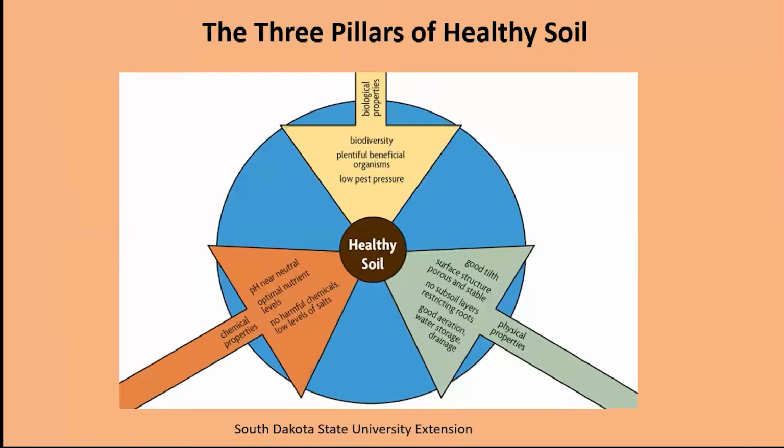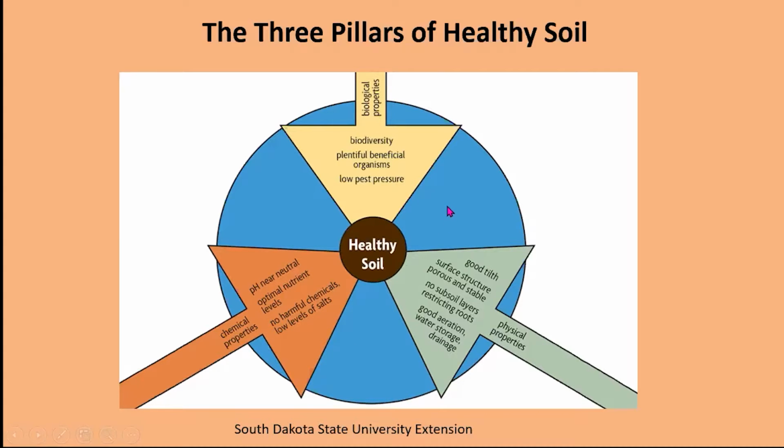Well, what is healthy soil composed of? We've known for years the chemical properties that affect our soil: pH, the nutritional level for the plant, and trying to avoid harmful chemicals. We also understand that there are physical properties in the soil, like structure, how much it aerates and how much water it can contain and drain. These two we've known for a long time.